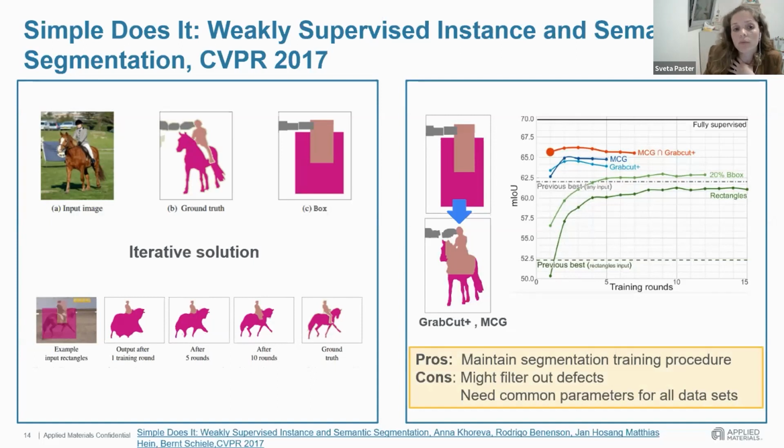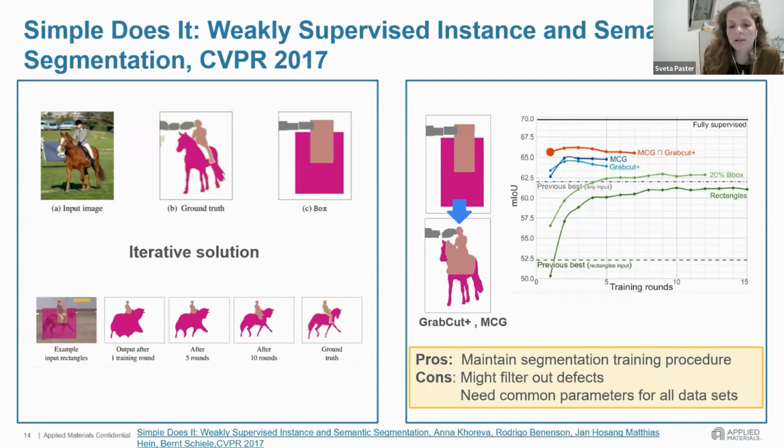So the advantage of this approach, as they claim in the paper, is that it maintains the segmentation training procedure. But there are disadvantages for our case, since we also have small defects with low SNR, so it might filter out defects, and that's something we need to check.